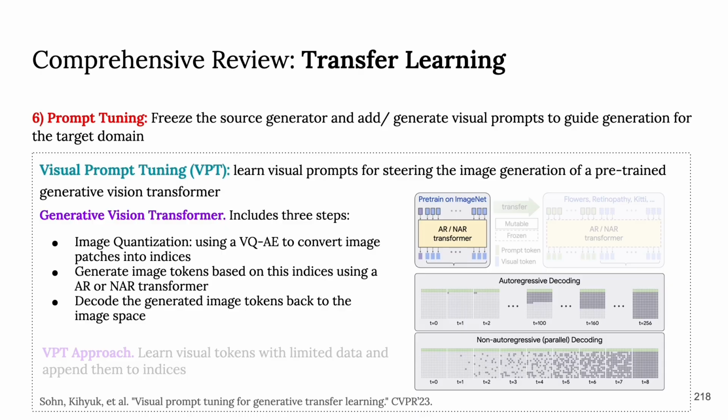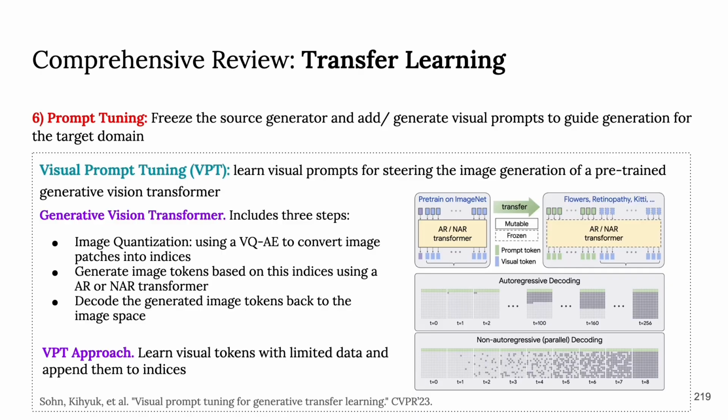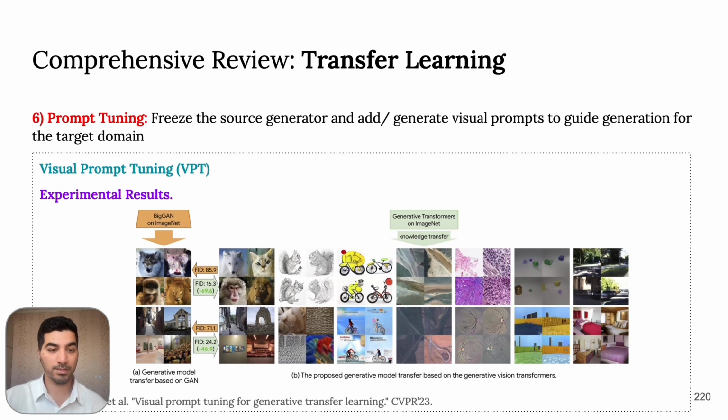At the bottom, you can see that autoregressive has this left-to-right manner, and non-autoregressive just randomly generates the tokens. They add these learnable visual tokens, in green color, before the generated tokens to steer this image generation. The results show that they are capable of generating images better than strong models like BigGAN.